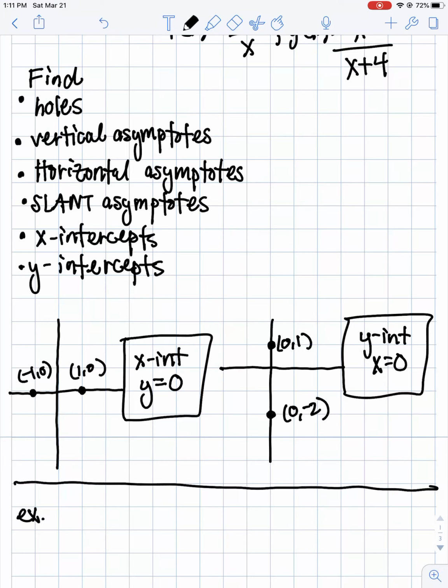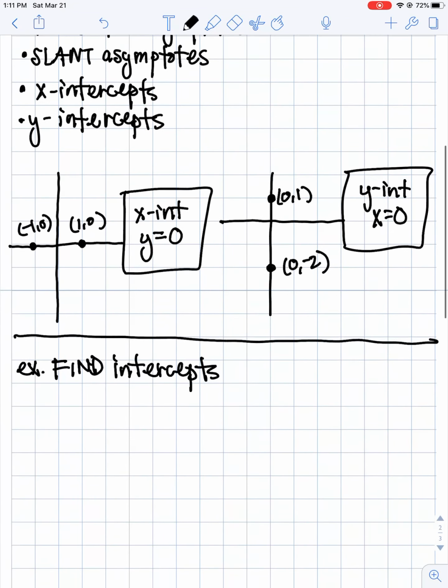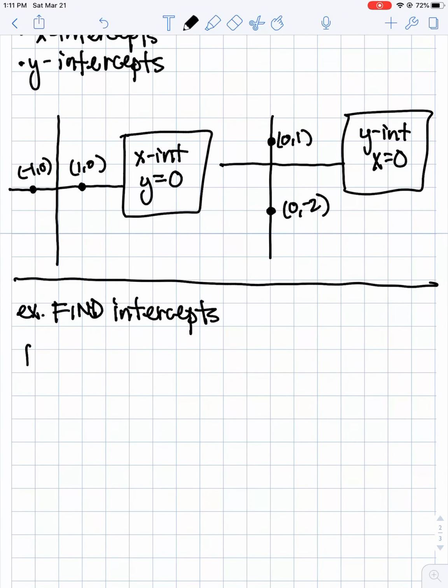Real quickly, if I give you an example that says find the intercepts. If it says intercepts, guys, that means you need to find the x and the y intercepts. Okay, find intercepts. And let's let f of x equal, I don't know, 2 over x plus 3.